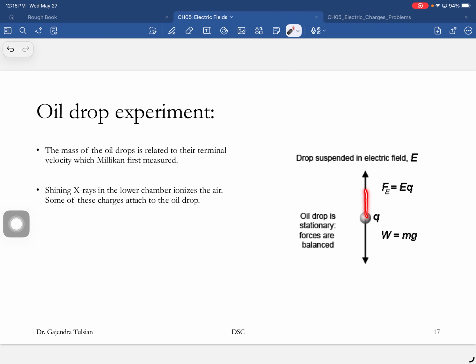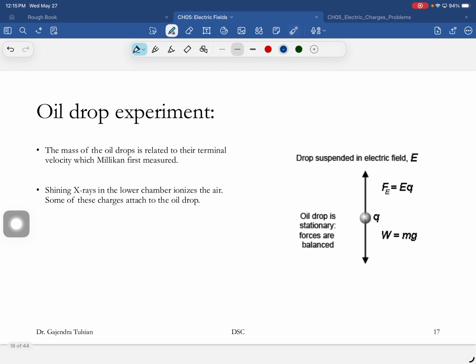So the electric force on this guy was E times the charge on the oil drop. And here was the weight of the oil drop. Remember, he found that by measuring the terminal velocity. So now, by adjusting this electric field, he would suspend these oil drops. This is equal to that.